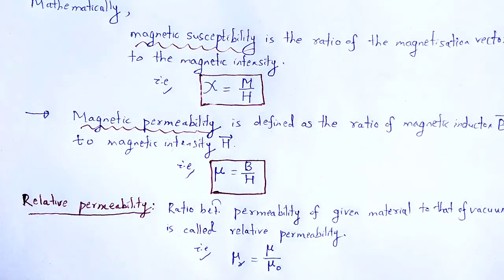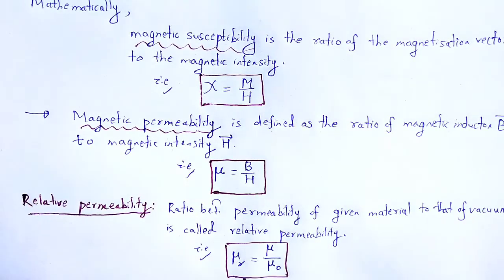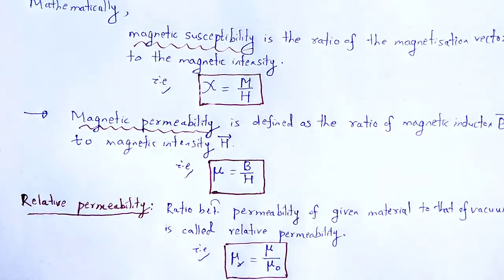What exactly does permeability refer to, what is the physical significance of the permeability of a substance or medium? That is the ability to permit the passage of magnetic field lines through that particular substance.